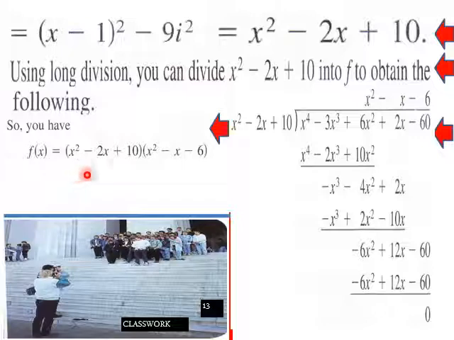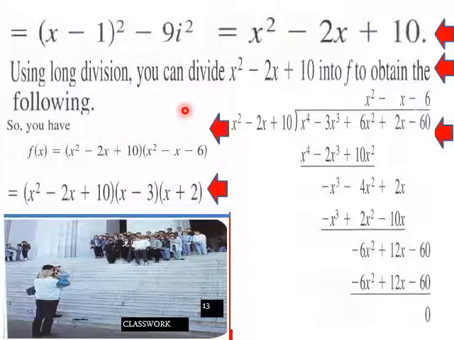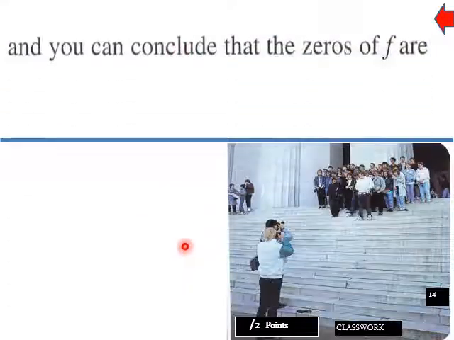So you have x squared minus 2x plus 10 times x squared minus x minus 6 as your two trinomials that are factors of that. And then this one can be divided up into two binomials. Are we done yet? No, we're not done yet.